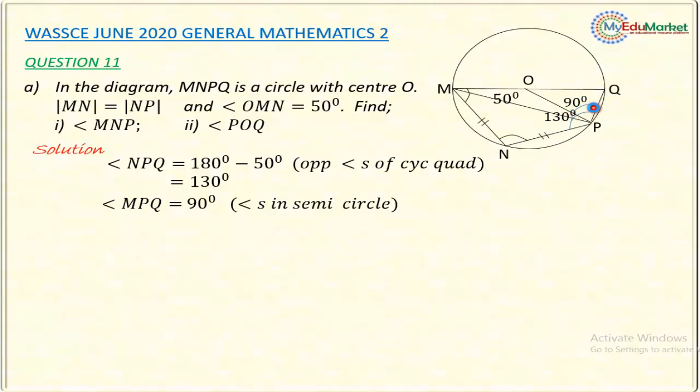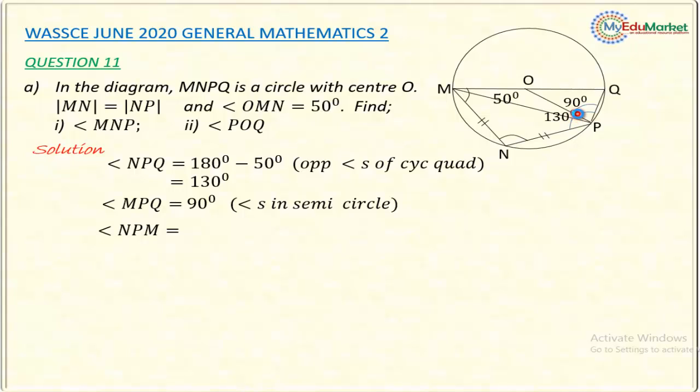So let me move on. We are still targeting to get this in Roman 1. Up to now we didn't get it. So I continue. If I can find NPM, let me see, NPM, this very remaining angle. I have the whole of this as 130 degrees, and from here to here is 90.